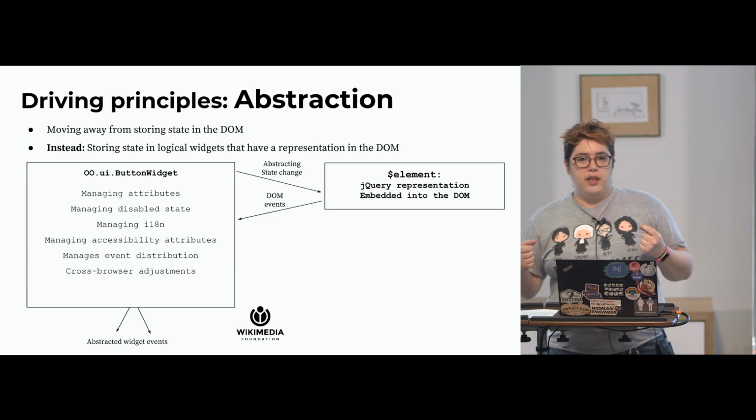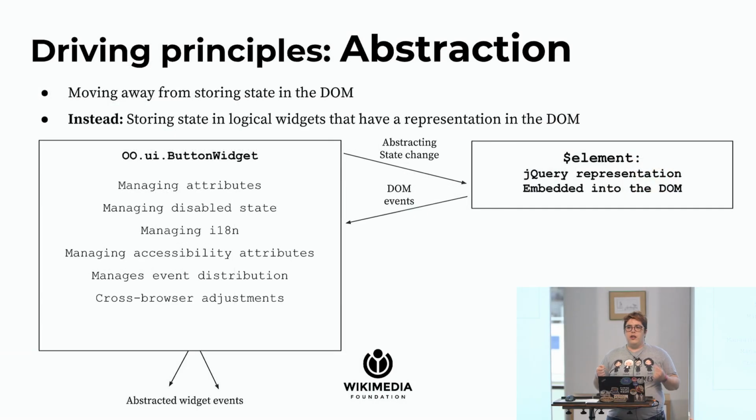On top of that, we want to make sure that we support things that are not very trivial. So, for example, older browsers, making some polyfills, making sure that all the attributes are being read properly between browsers, all that kind of stuff.